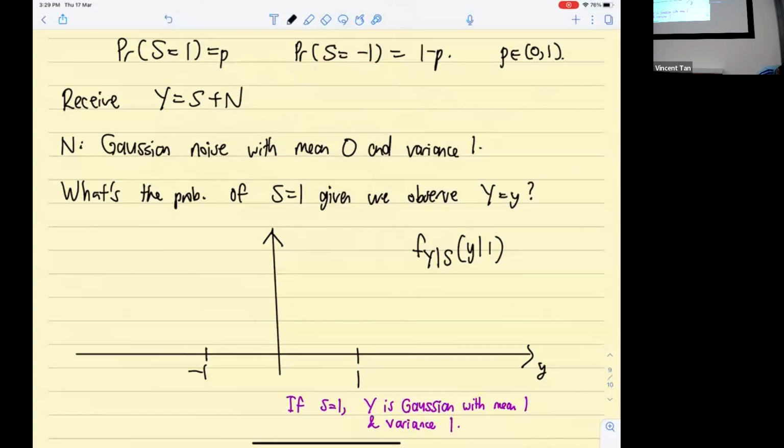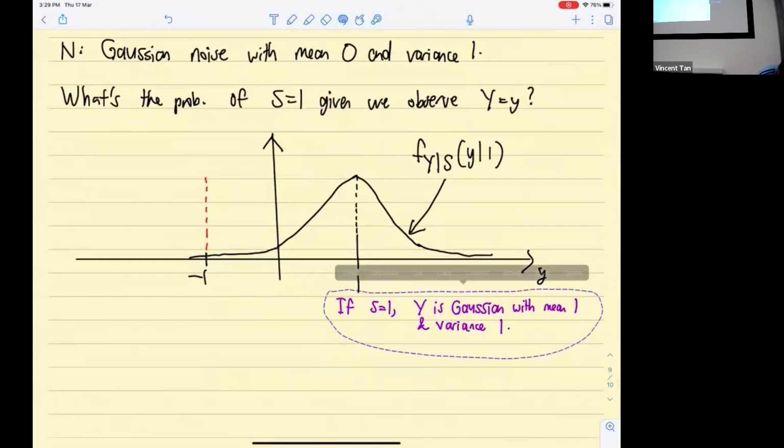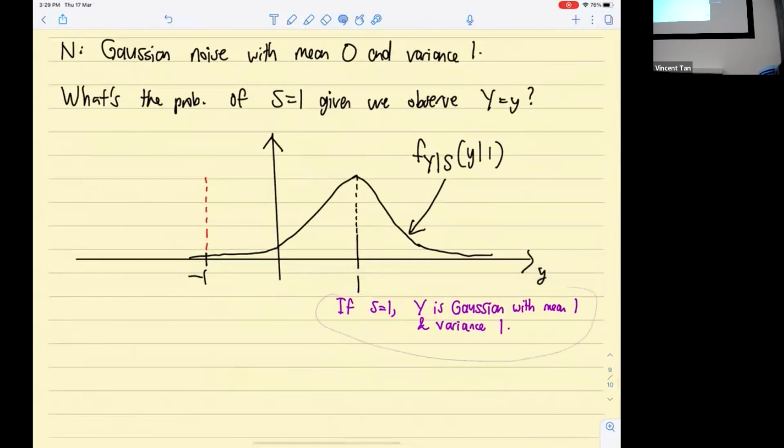So at this point, I can draw the probability density function of Y given that S is equal to 1. It's Gaussian. Clearly, this is very symmetric. Now, if S is equal to minus 1, then Y is certainly Gaussian with mean minus 1 and variance 1.